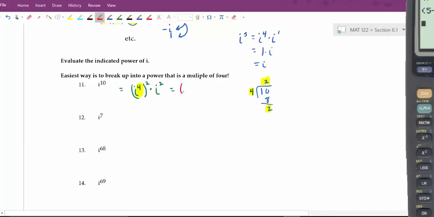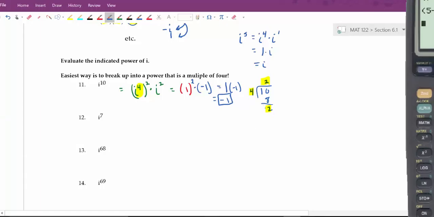So now you've got 1 to the 2nd times I to the 2nd, and I to the 2nd is -1. So you end up having 1 times -1, so the answer to that problem would be -1. That's how I tend to do these, is break them up like that.